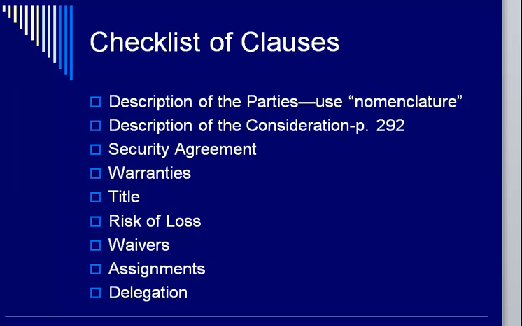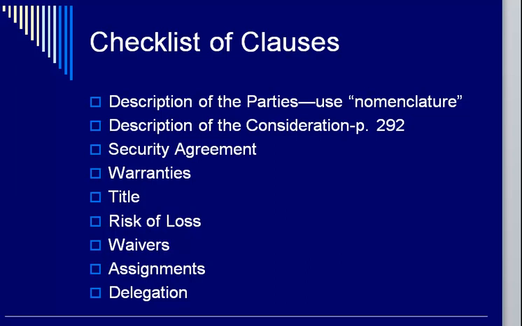There's something called nomenclature. Nomenclature is an official shorthand that you use once you've used the full name once in the description of the parties. You shorten that name maybe to a person's last name or to a corporation's primary name, and then the key is that you use that shorthand description throughout the contract consistently.